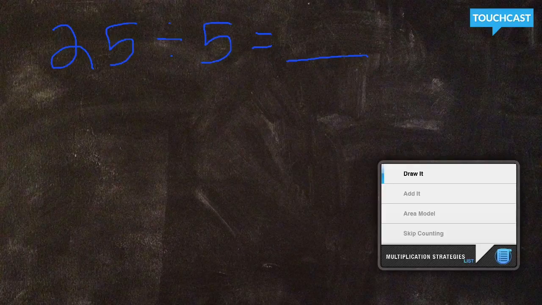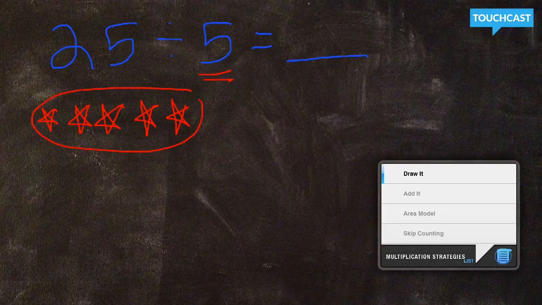So if we're going to use draw it, let's change the color here. We can take out 25. Let's say we have 25 stars.